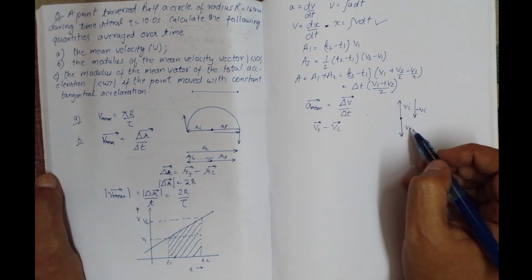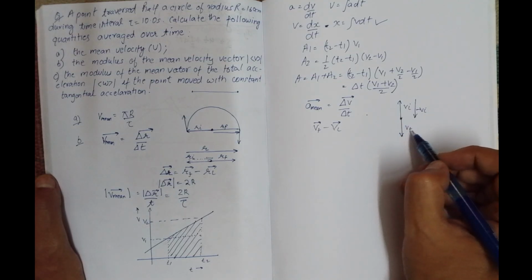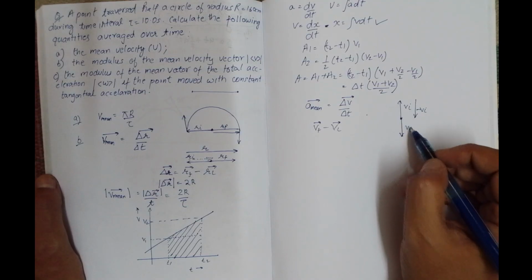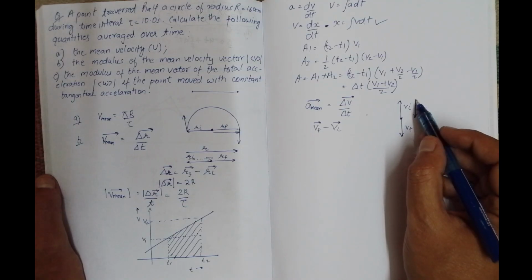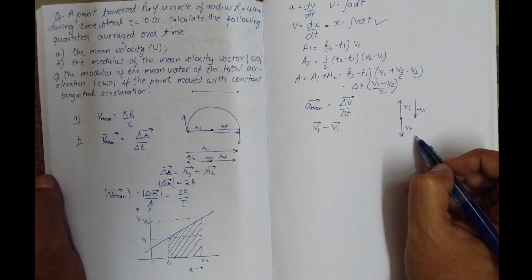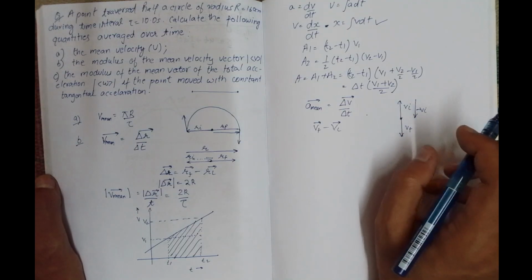Right? Because basically what you are trying to do is add VF with the minus VI vector, and what you get is this. The magnitude of this will be equal to the magnitude of VF plus the magnitude of VI.